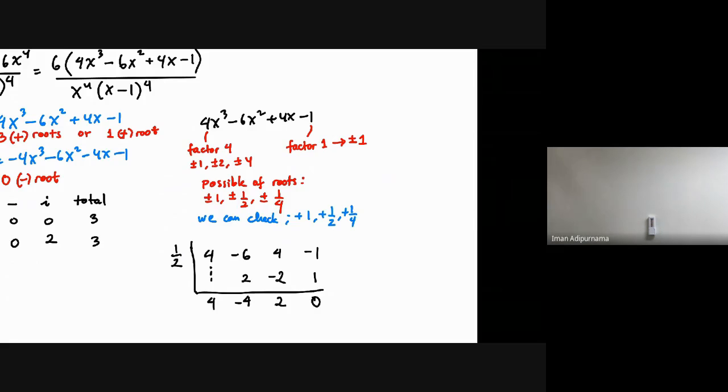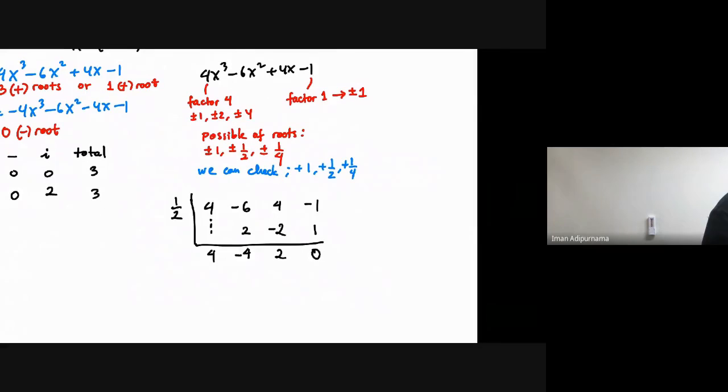This is helpful, especially if you get a cubic or power of 4. So you can see from here, at least you get x is half.